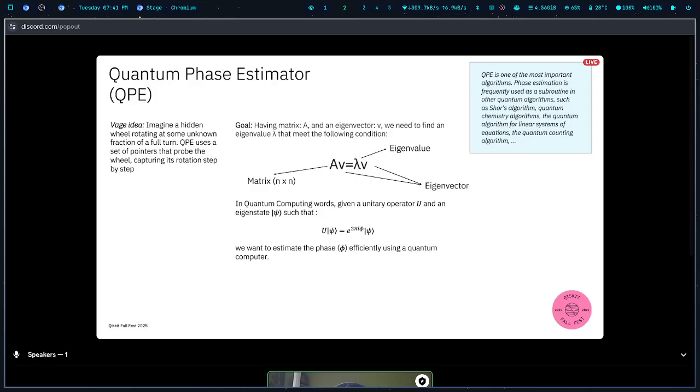Also, for example, the quantum algorithm for linear systems of equations, the quantum counting algorithm, and it's also part 2 of the Shor algorithm. All of these applications will be more visible later. Right now it's a bit abstract, but you'll get the idea of why we perform this rotational gate.